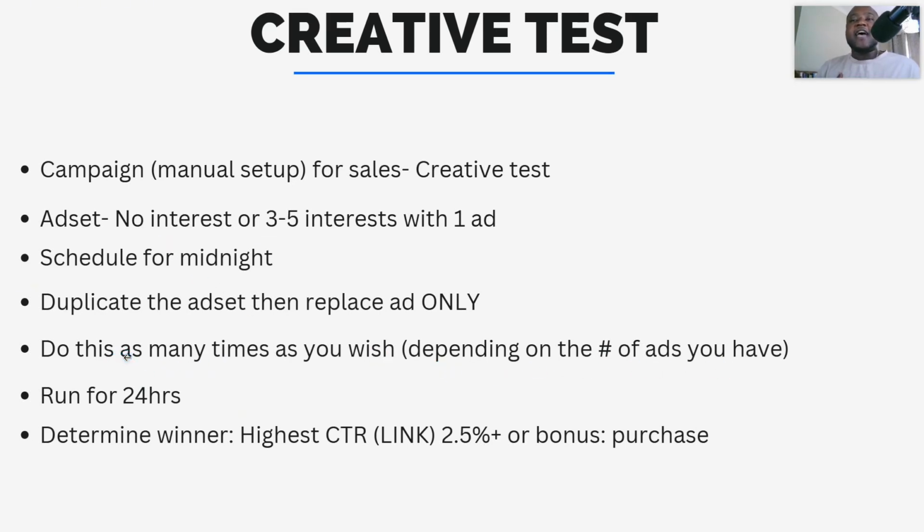For example, if I have 3 advertisements testing, right? I recommend testing 3 to 5 when you're starting out. If you have 3 advertisements testing, you create that first ad set, duplicate it, and then replace only the advertisement. Then you duplicate it once more and replace only the advertisement. So now you have 3 ad sets with only one ad in each ad set.